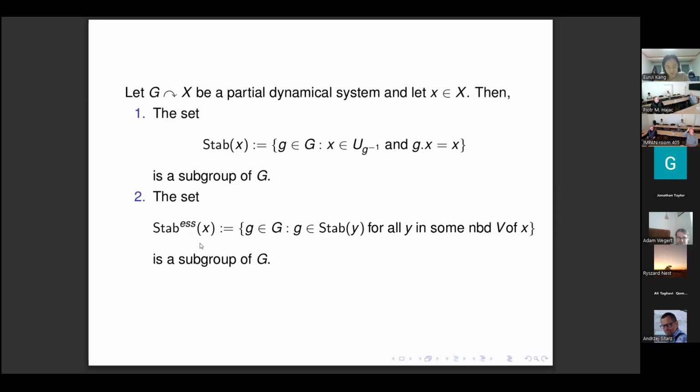Sorry, can you explain this in the case of a global action?